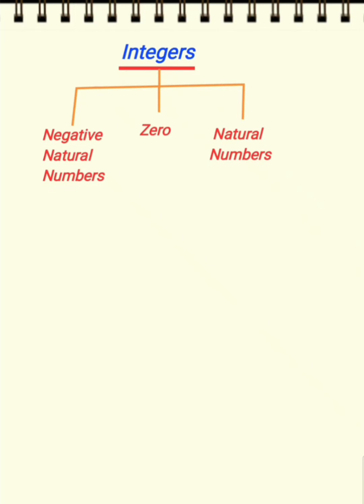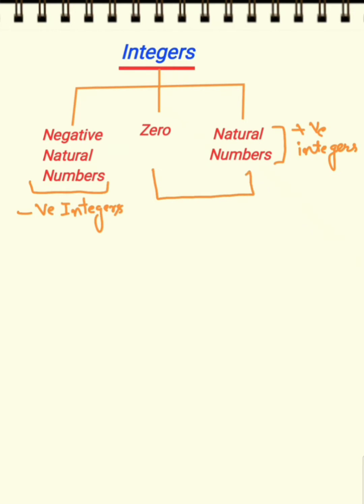We know that integers include negative natural numbers, 0 and natural numbers. These natural numbers are also called positive integers. And these negative natural numbers are also called negative integers. And we know if we take 0 and natural numbers together, we'll get whole numbers.